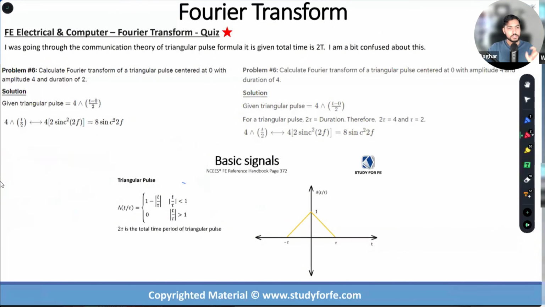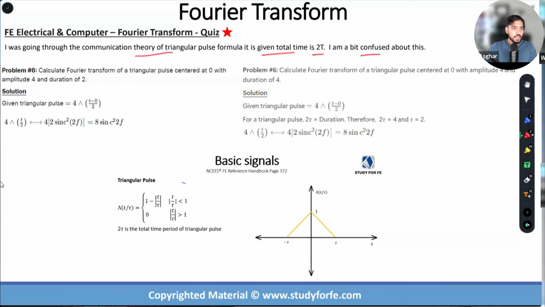So let's come back to this point. A student is asking about communication theory of triangular pulse. It is given total time is 2t. I'm a bit confused. So the question itself, with all due respect, is a little bit confusing, but I've sort of paraphrased it for you and created two scenarios.